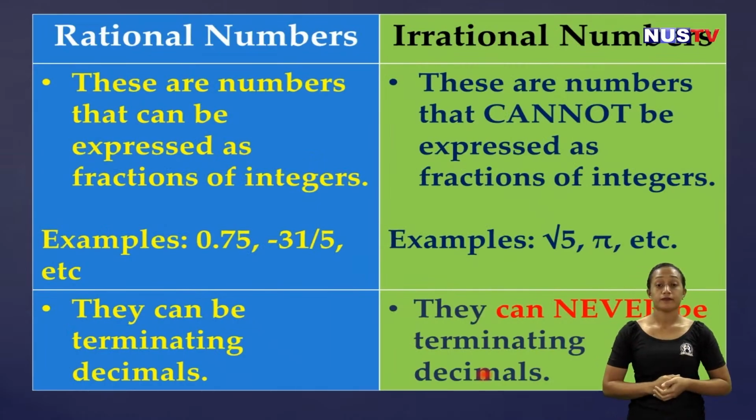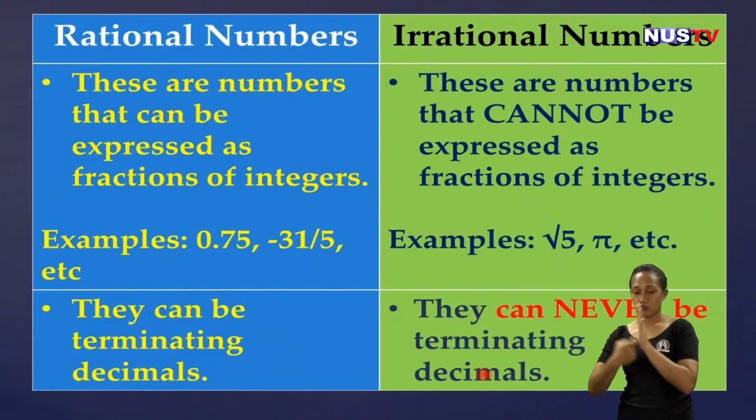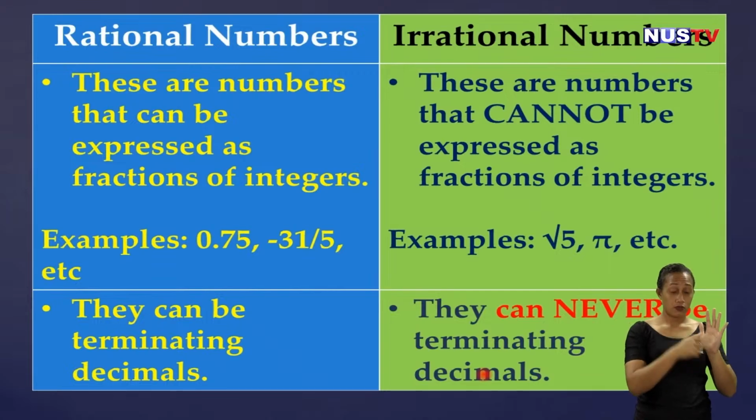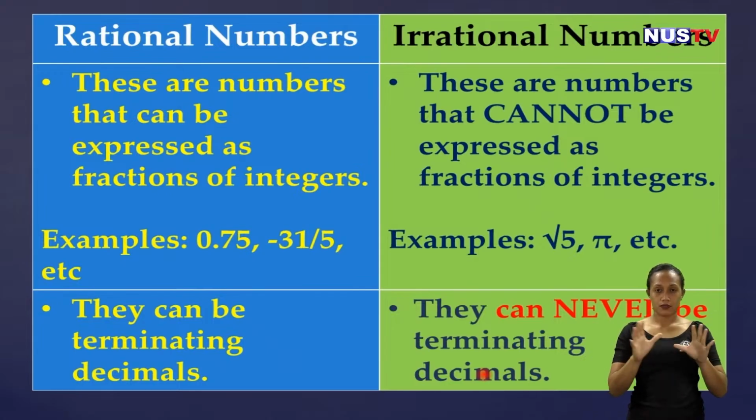So let's have a look at rational numbers and irrational numbers differences. Rational numbers, these are the numbers that can be expressed as fractions of integers.